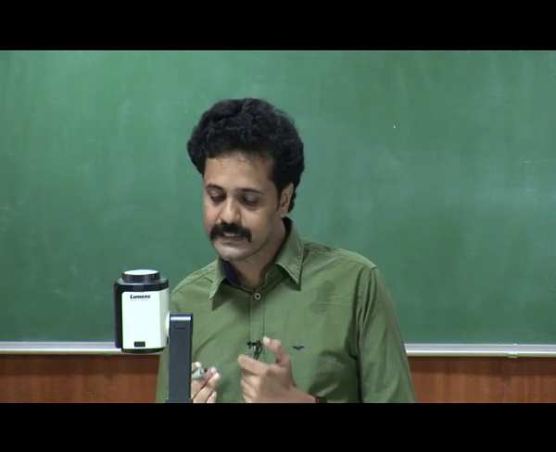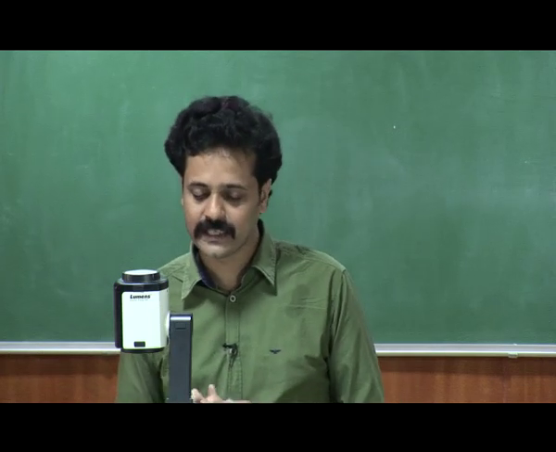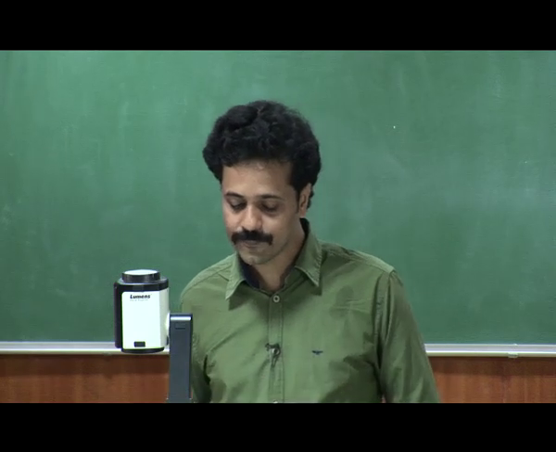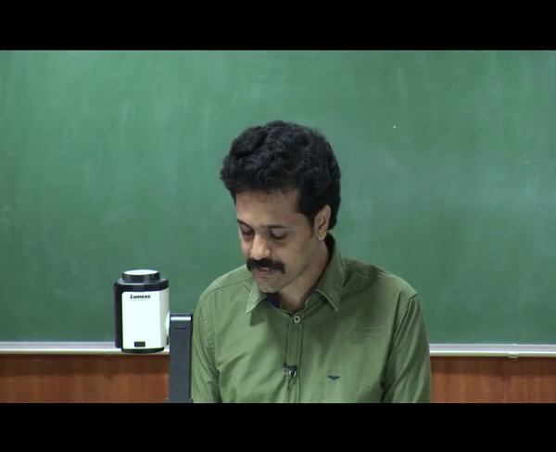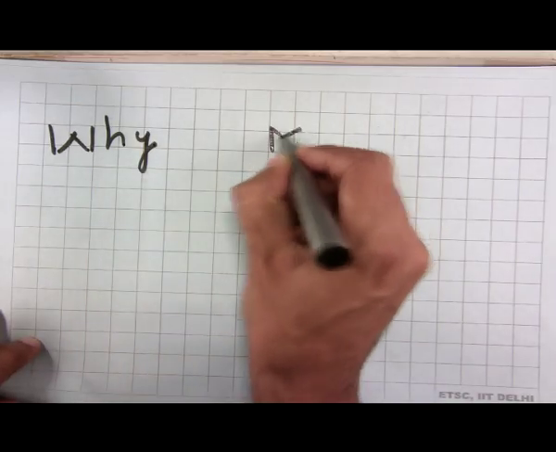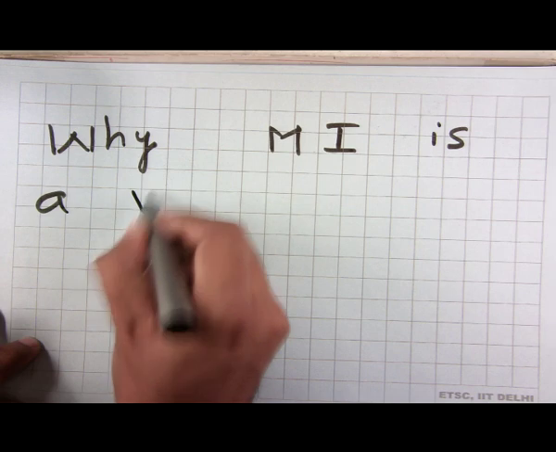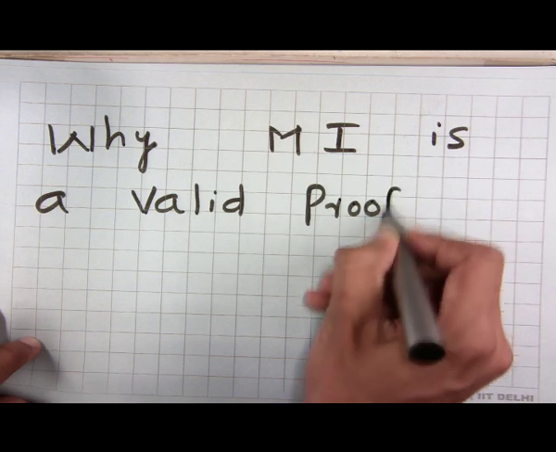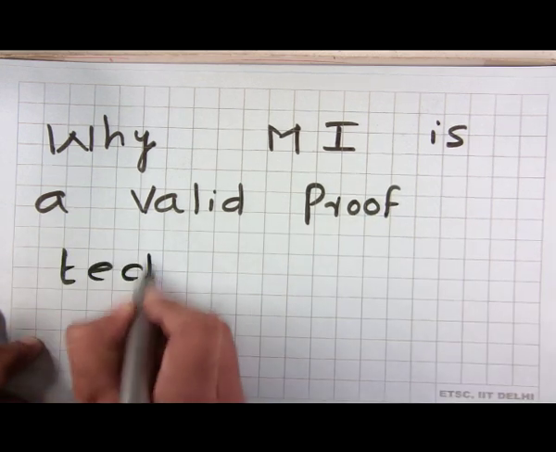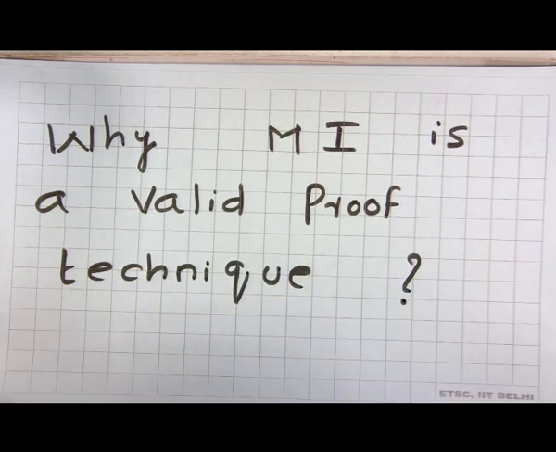Even though we understand mathematical induction in that manner, or we try to understand in that manner informally, a question arises, why mathematical induction, let me abbreviate as MI, is a valid proof technique. This is the question.